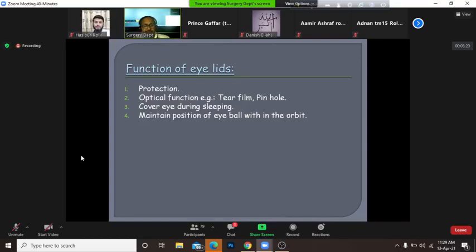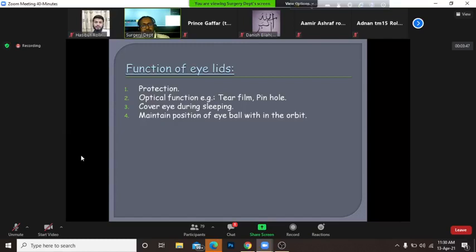Sometimes if the eyeball becomes protruded and the eyelids cannot close over it, there will be exposure keratitis. Or if there is seventh nerve palsy, the eyelid cannot be closed and the eyes will be exposed. The eyelids also help maintain the position of the eyeball.